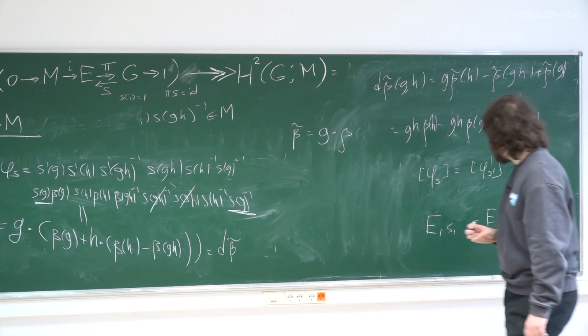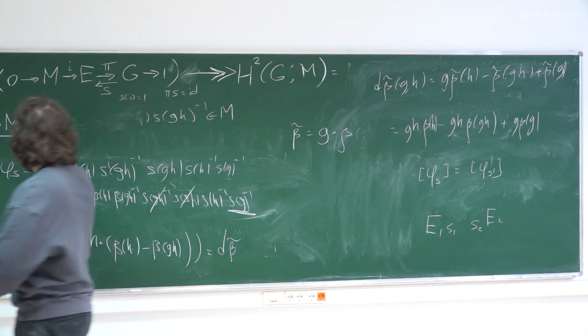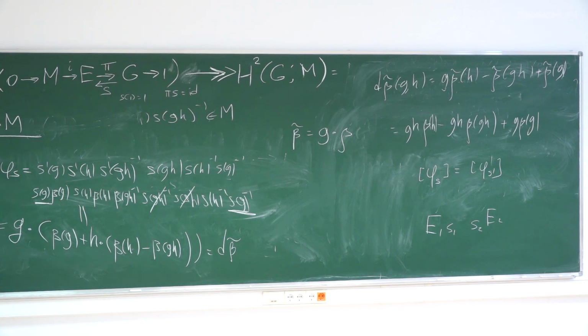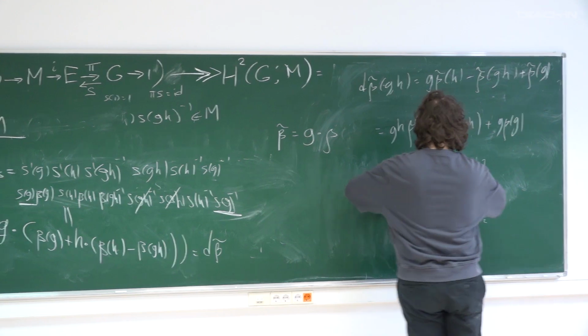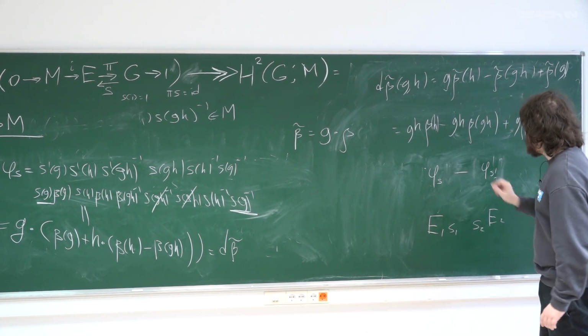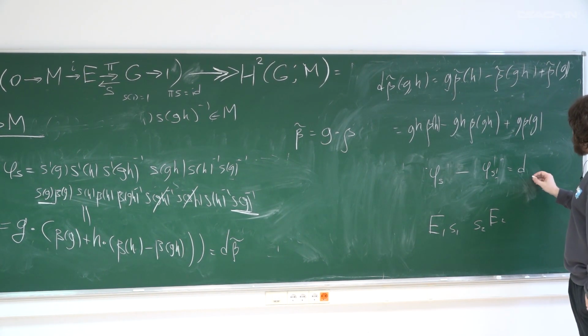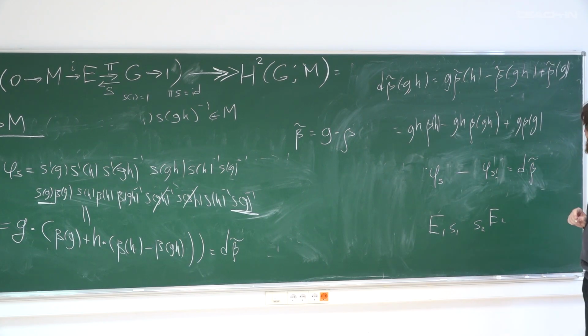By this construction, this means that the difference between phi S and phi S prime is the differential of some B tilde.